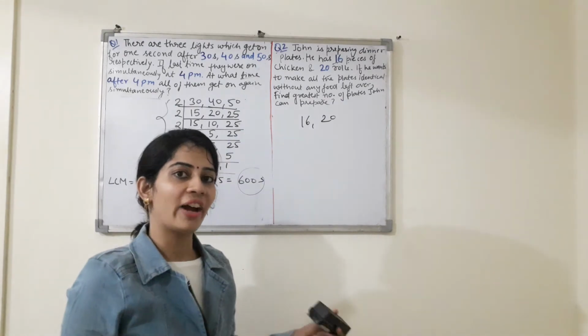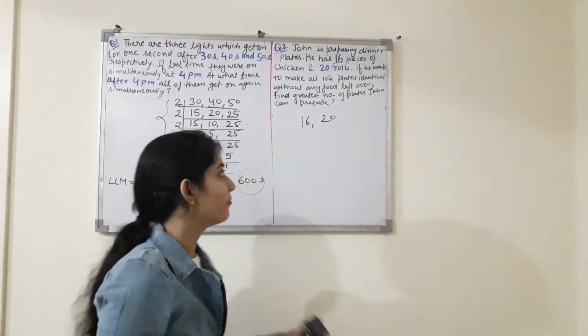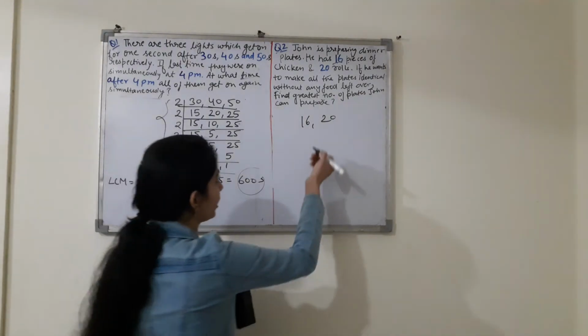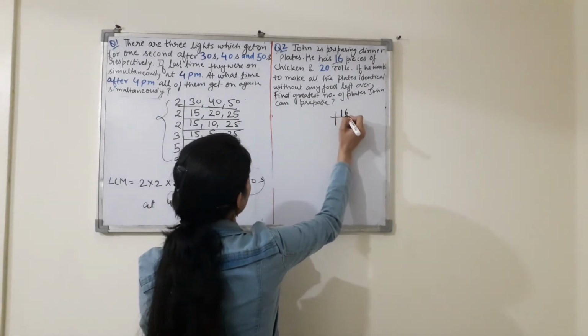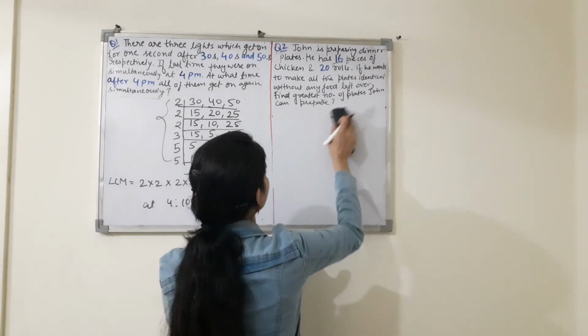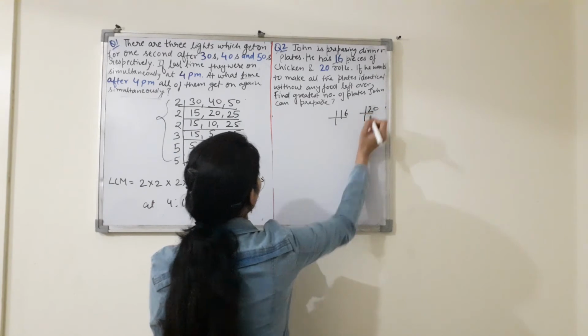So now you can find the highest common factor by any method. I am finding here by prime factorization method, right? So what I will do, I will divide the numbers, suppose 16 and 20, individually into prime factors. 16 and 20, right?